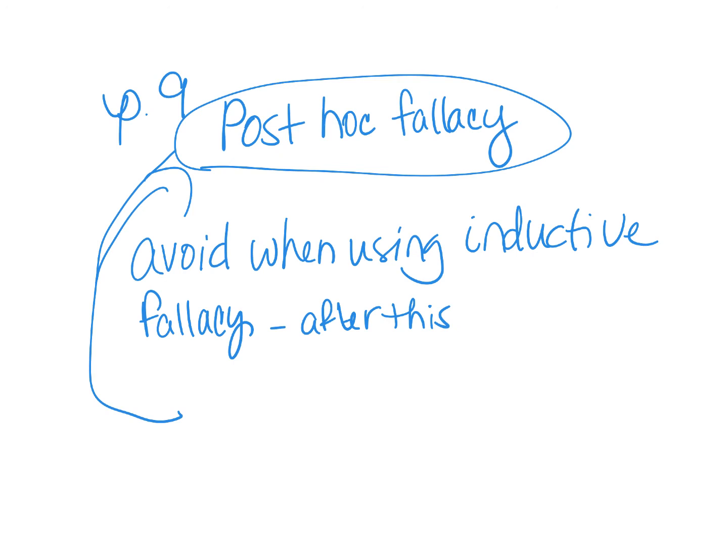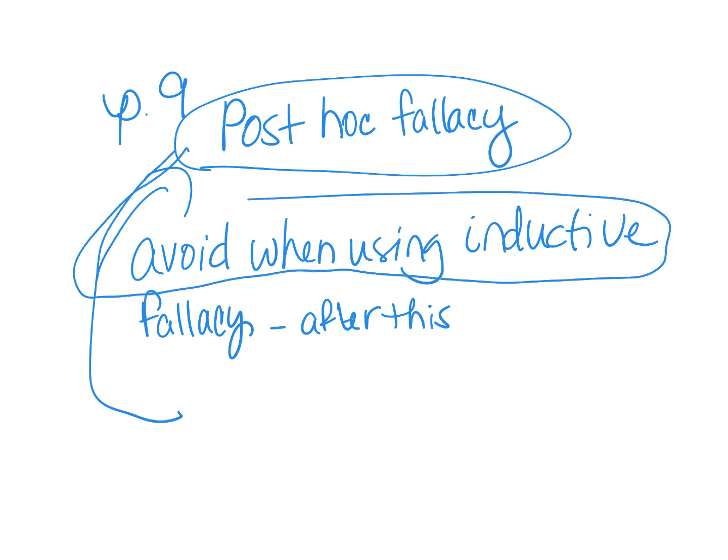So a fallacy is assuming, without further evidence, that something caused what happened after it. So basically you want to remember to avoid this when using inductive reasoning. Make sure you got that, and that post hoc means after this.